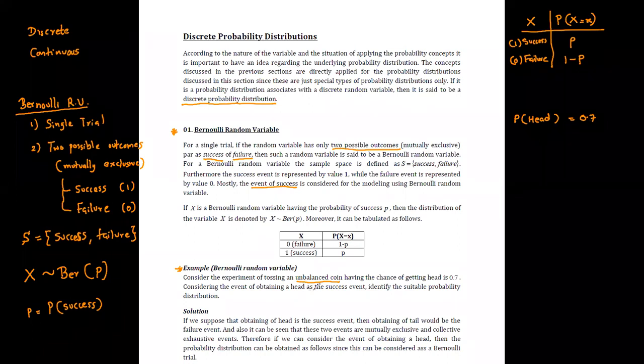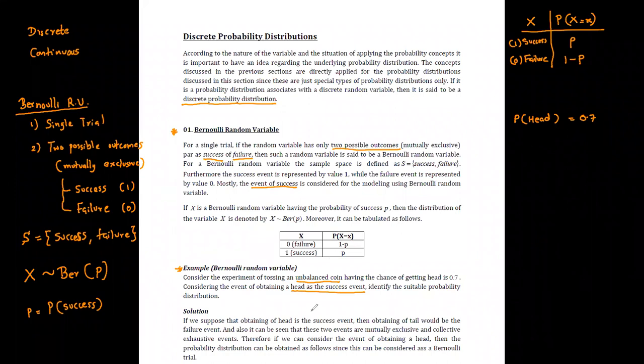And it is given to consider the event of obtaining a head as a success event. Therefore, this can be considered as the success probability. But if it were given that the success event is obtaining a tail, then we would have to consider the success probability as 0.3, because obtaining a tail would be the success event at that time.